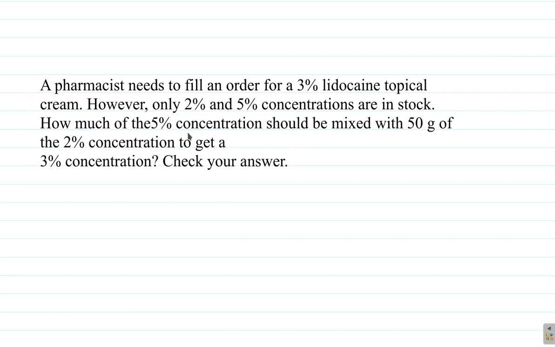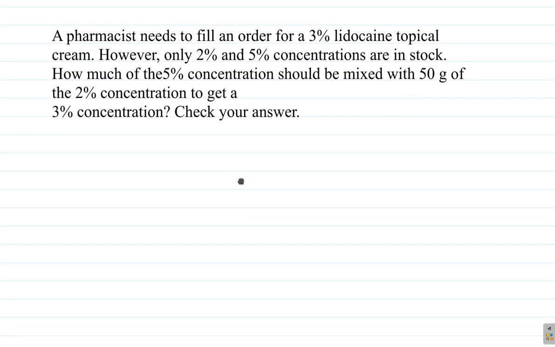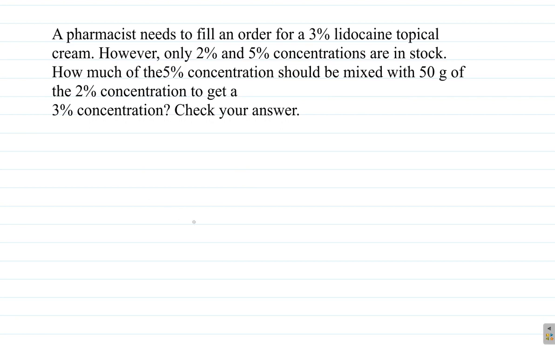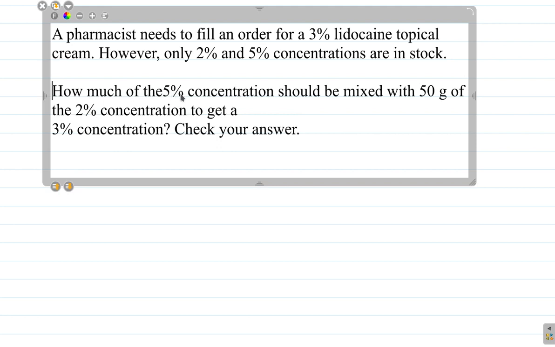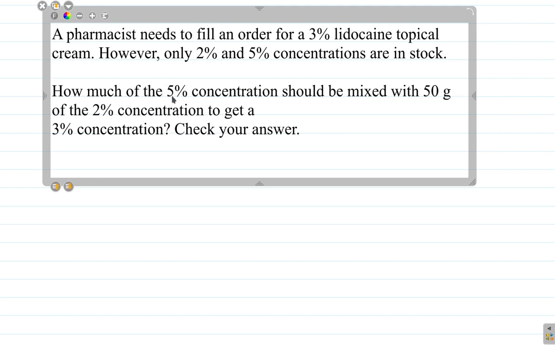Here, a pharmacist needs to fill an order for a 3% lidocaine topical cream. However, only 2% and 5% concentrations are in stock. Question is, how much of the 5% concentration should be mixed with 50 grams of the 2% concentration?